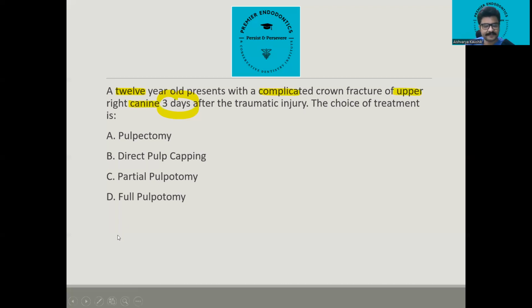So let us see. We have the canine in which there is a complicated crown fracture. That means there is exposure of the pulp. The pulp is exposed. That's number one. The patient is 12 years old.